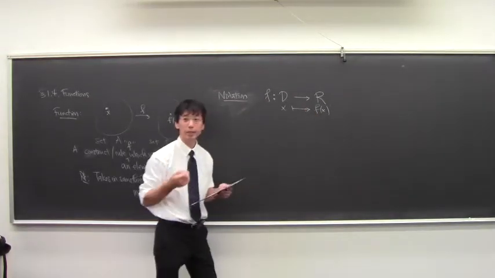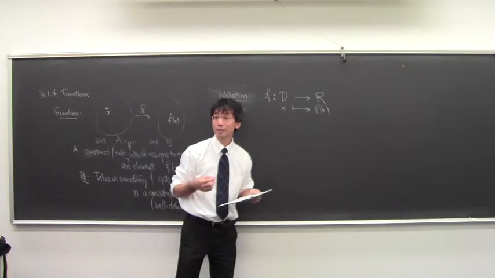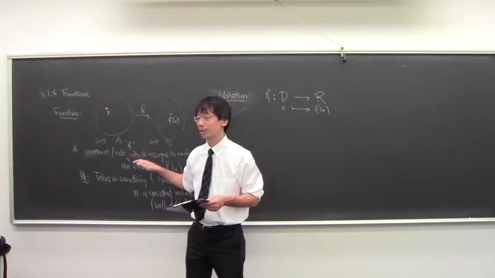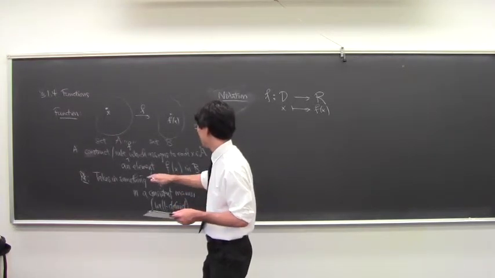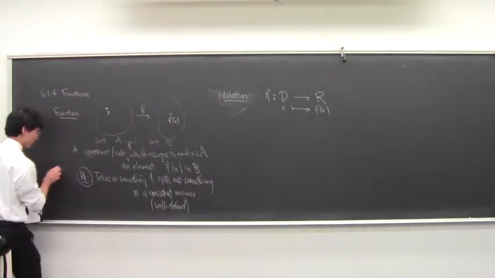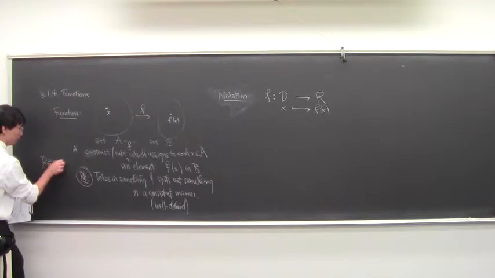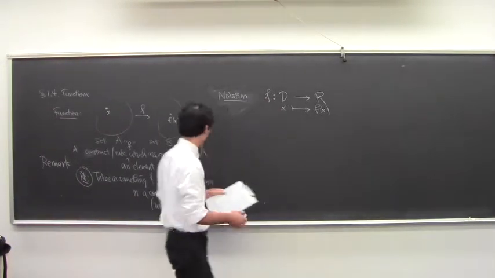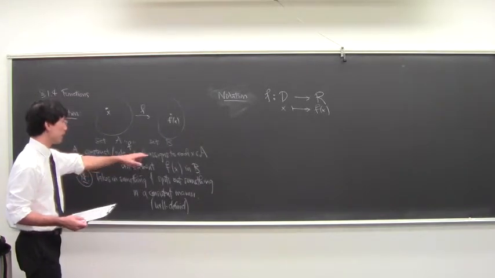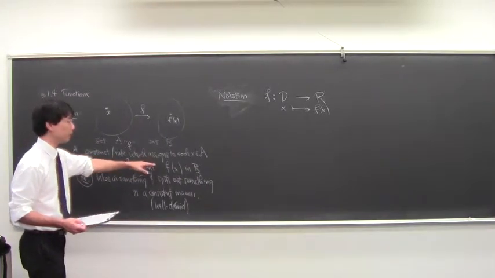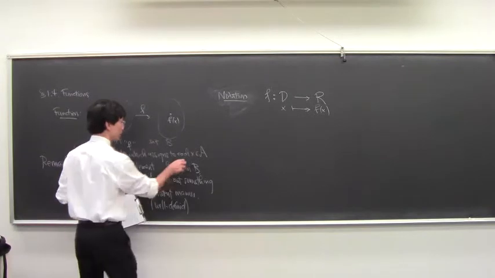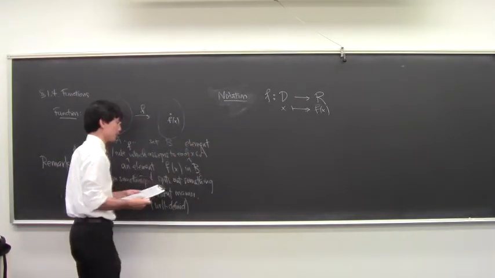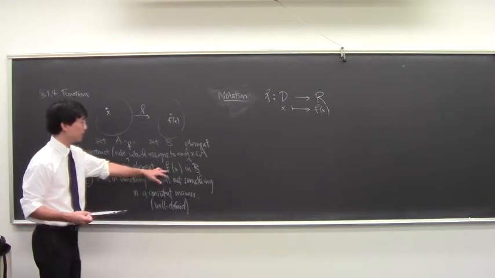So here's the notation. Sarah, can you not read something? Right before it takes in something, what is that? Remark. Sorry. Yeah, Isaac. A construct or rule which assigns to each x in A an element f of x in B. Maybe I should say to each element x in A, although it's clear from the notation, an element f of x in B.